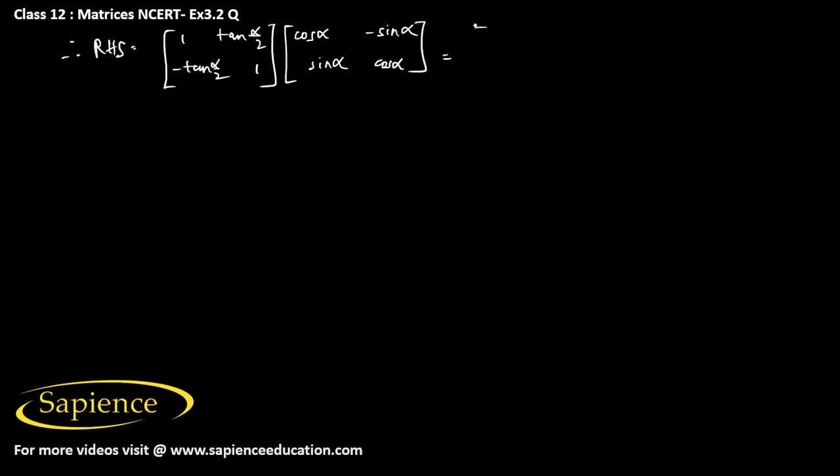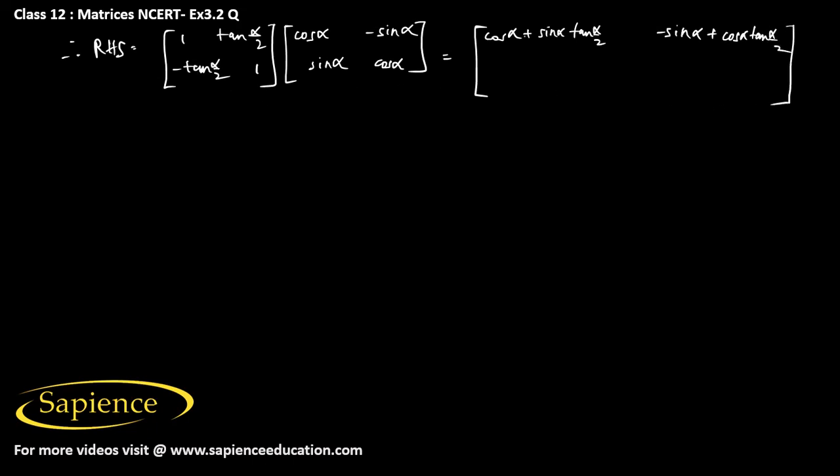So now we have to do the product of first row and the first column. This will be 1 into cos alpha, that is cos alpha, plus sin alpha into tan alpha by 2. Here first row into second column will be minus sin alpha plus cos alpha into tan alpha by 2.